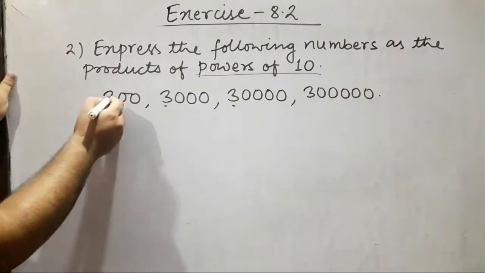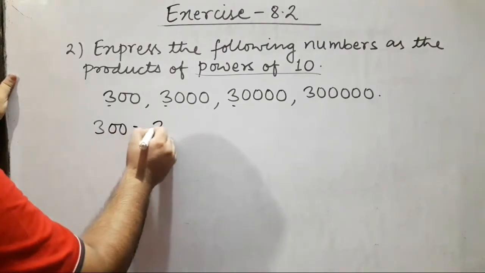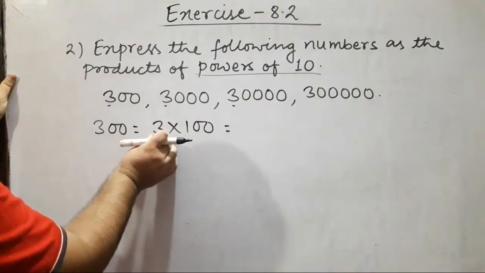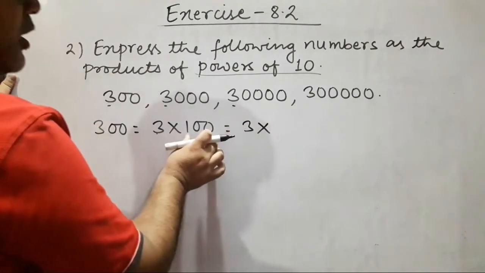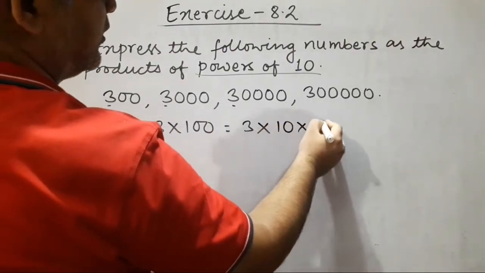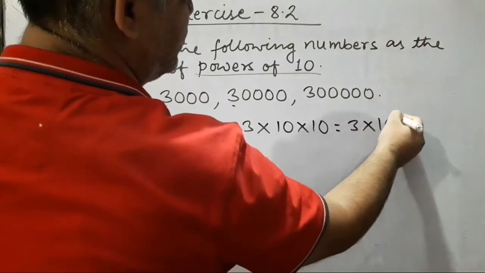Let's see here. 300 can be written as 3 into 100. I separated 3. So 3 into 100 can be written as 10 into 10. So it becomes 3 into 10 power 2.